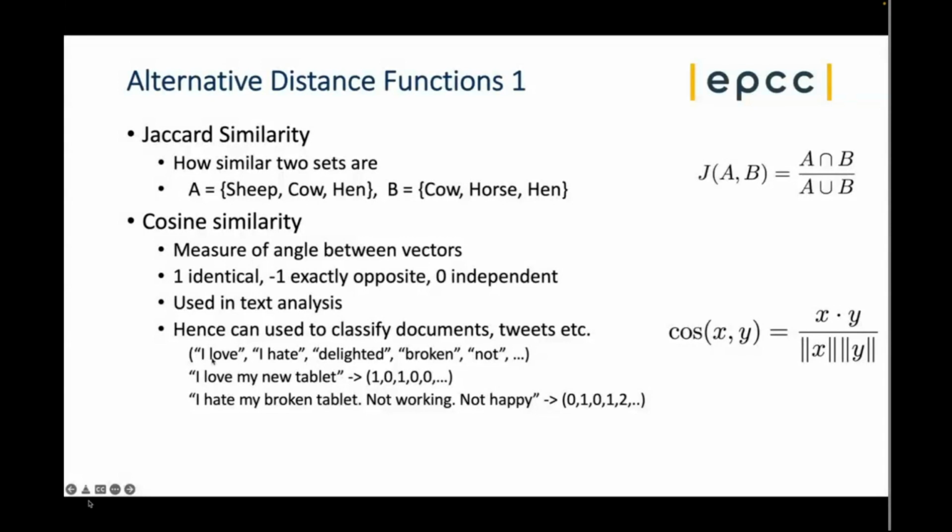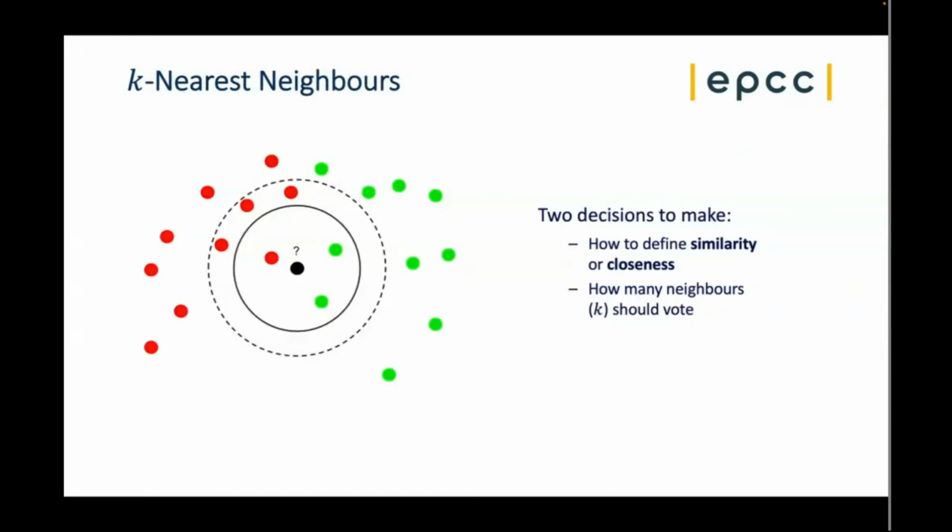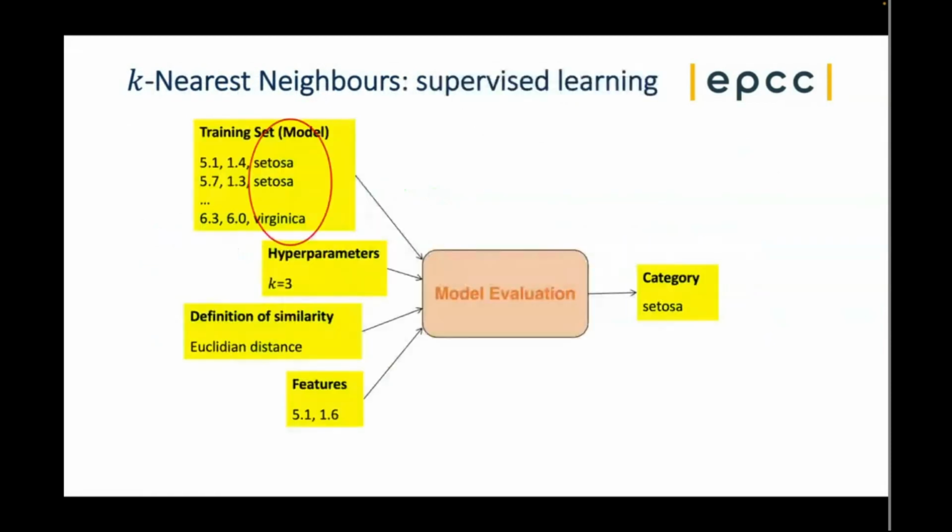You would say, is I love in my string? Yes, so put a 1 here. Is I hate in my string? No, so you put a 0 here, and you build up your vector, and then you can compare these two vectors to see if they're pointing in roughly the same direction. So again, this is a way of taking data, taking 2 points of different kinds, sets or strings of text, and converting them into a number that you can use in an algorithm like k nearest neighbors.